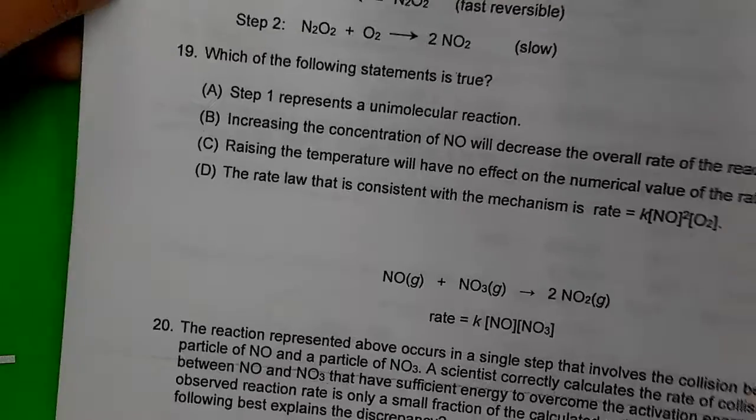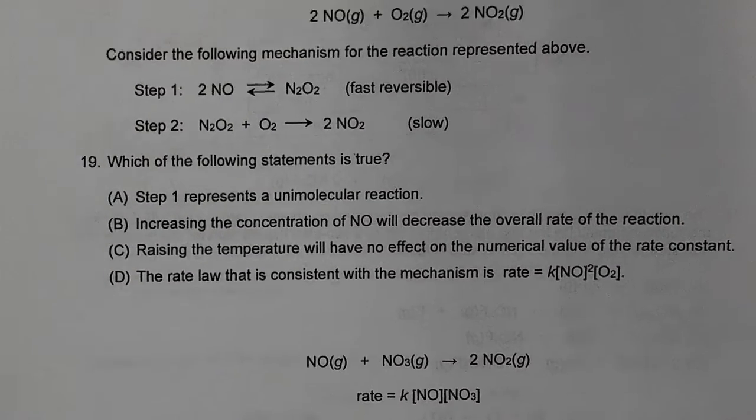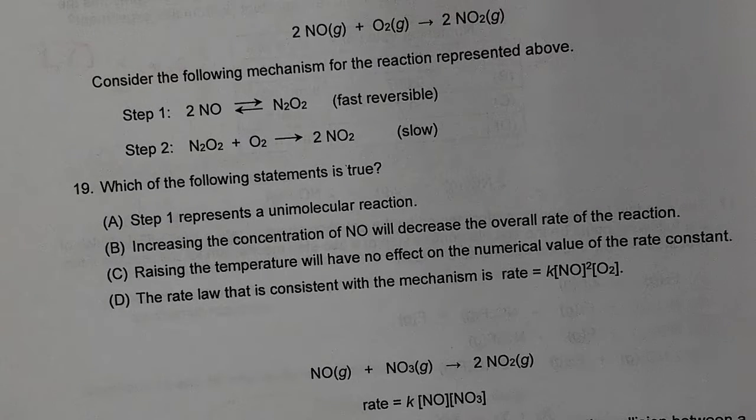Two more. 19, 20, and three more. 19. Oh, that's a harder one to do. It is D. Now, notice why this one doesn't quite match. Because you have a first reversible equation and your N2O2 is your intermediate.